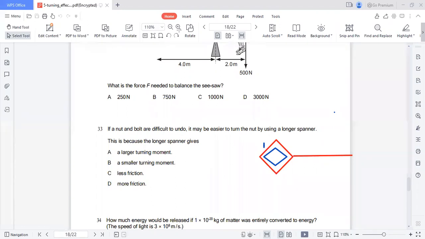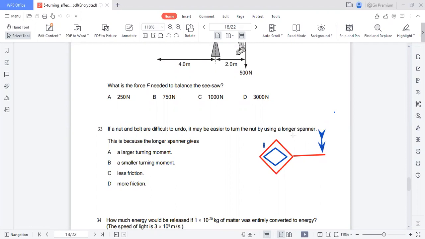What it states is that suppose the handle of the spanner is of this size. If you apply some force on it, in this direction, then the spanner will turn.